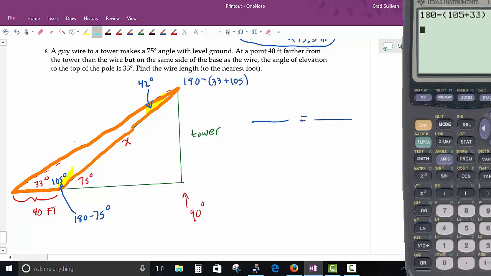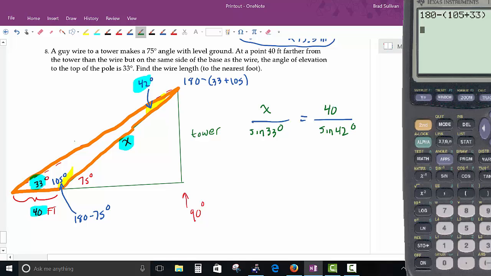Okay, so we have a side that we're finding, and then we do have the angle opposite. Okay, we do have a side, and we have an angle opposite. So when we set this up, we're going to say x over the sine of 33 degrees is equal to 40 over the sine of 42 degrees.